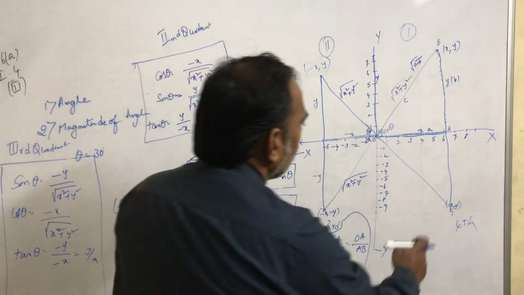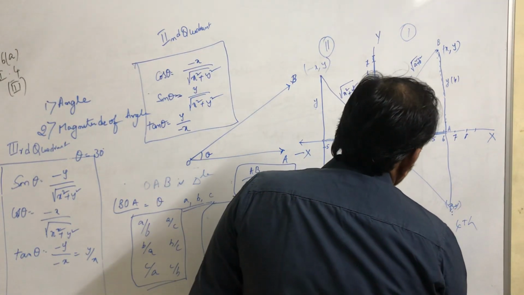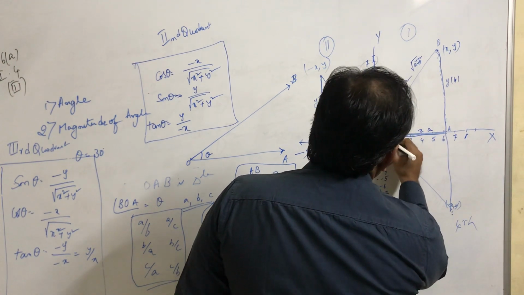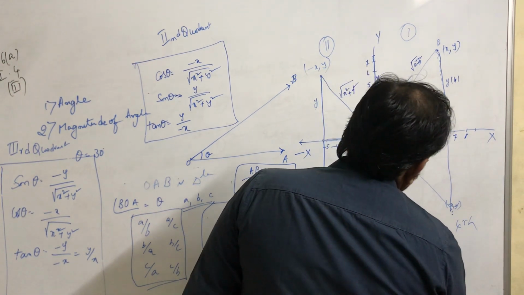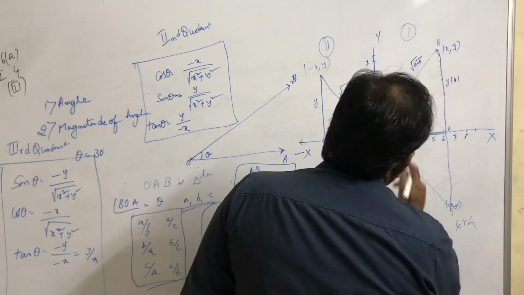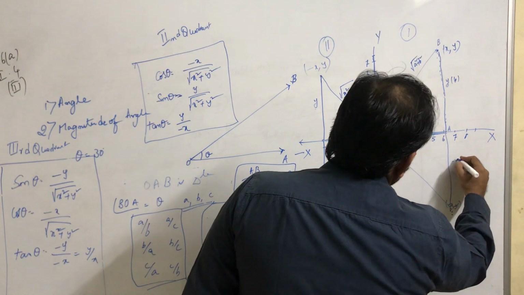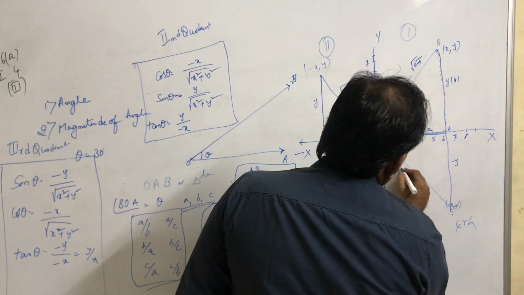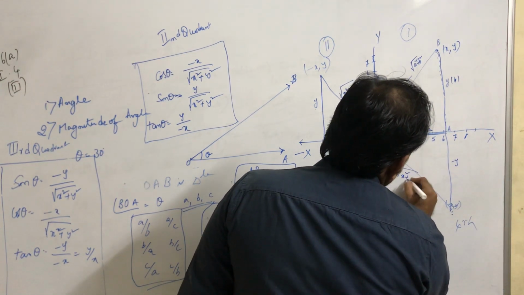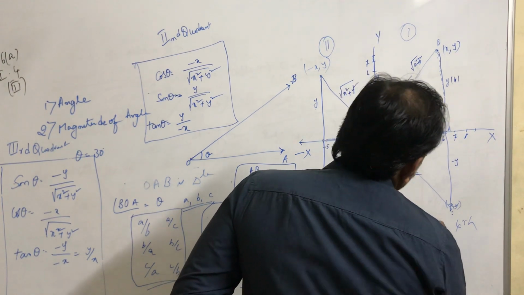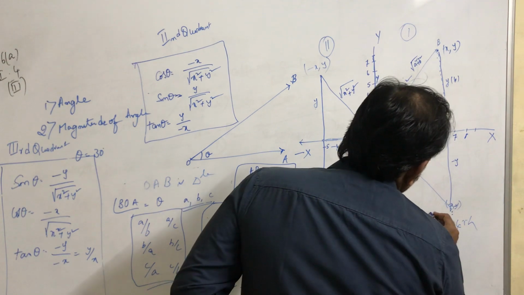Now come to the fourth quadrant. Let us say this is theta. In the fourth quadrant, this is minus y, and the hypotenuse is the square root of x square plus y square. Now take sin theta, which equals opposite side divided by hypotenuse.